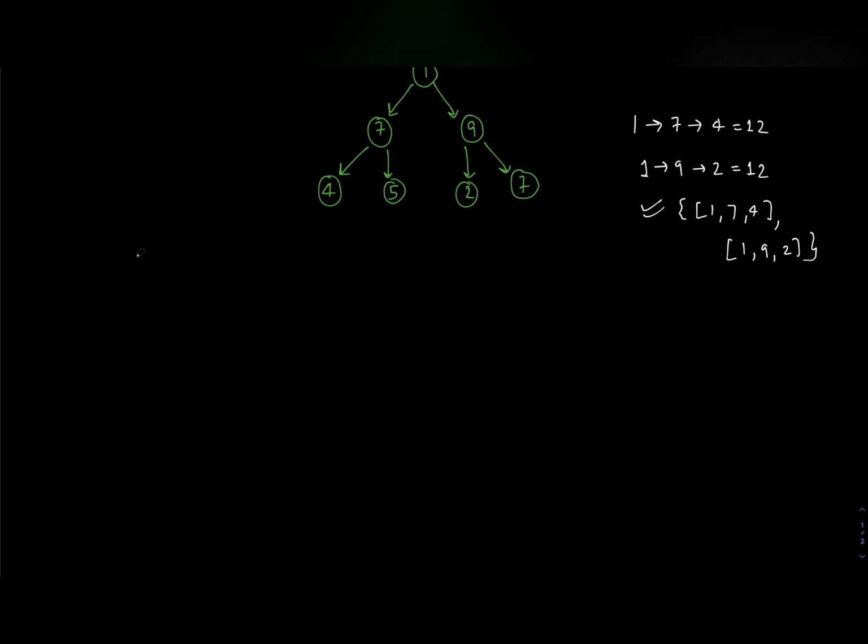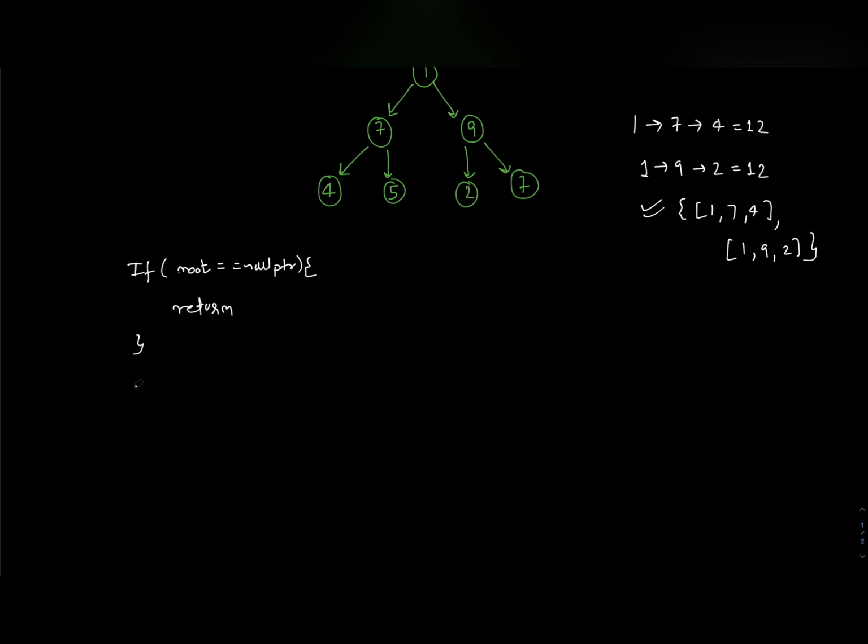In the previous question, we had two base conditions. If root is pointing to null, then we are returning false. Just wait for some time, and in the end you'll get to know why I did this.